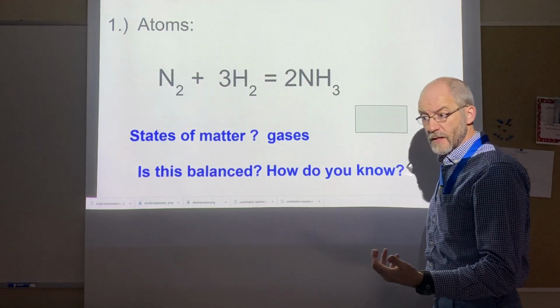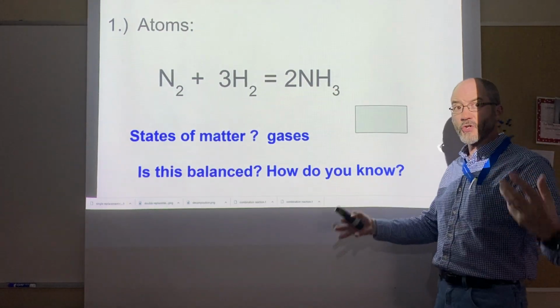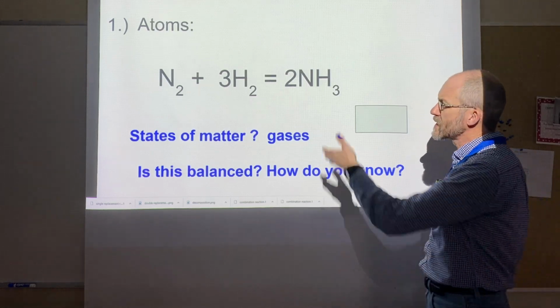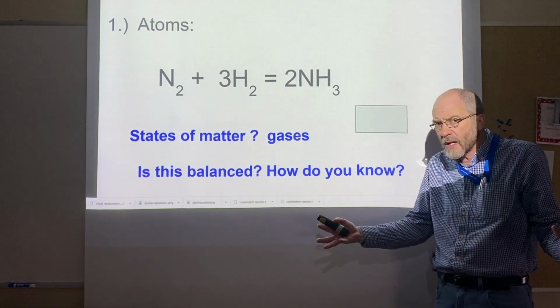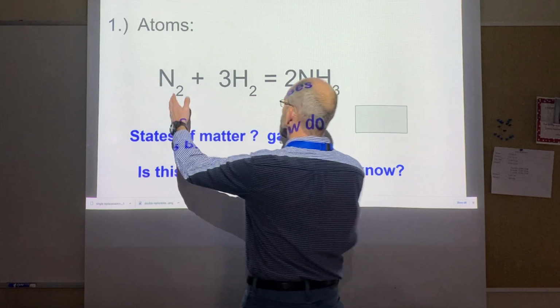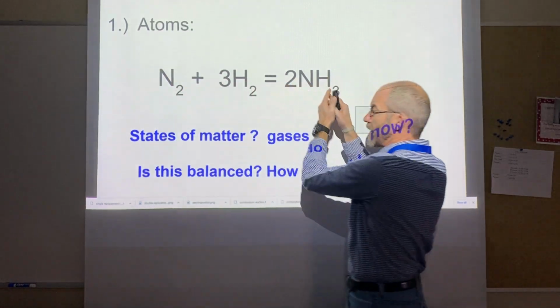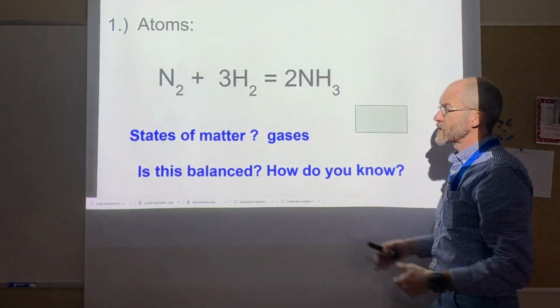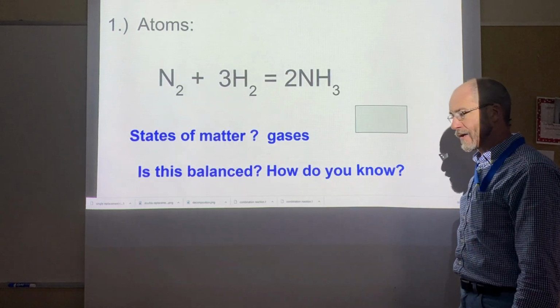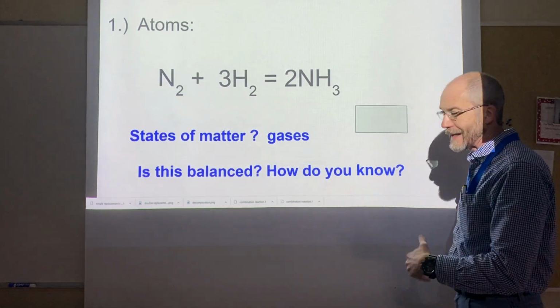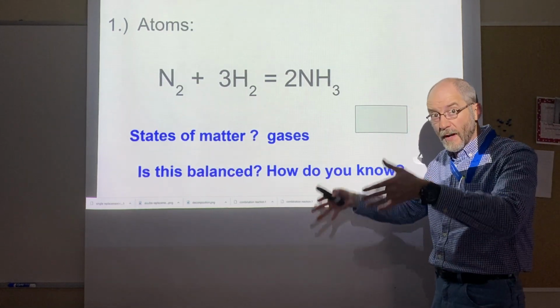Well, the beautiful thing about this is you've already covered enough information in my classroom that you also know that this is a synthesis or a combination reaction. So we have 2 items coming together to make this item. Now, it turns out that the state of matter are gases, but I don't know that that's real relevant right now.